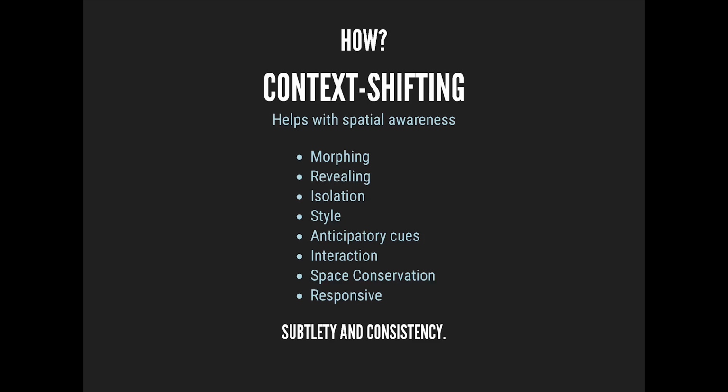I'm not talking about when you're illustrating a piece of text or when you have a crazy WebGL site, but I'm talking about those subtle UI, UX interactions. Subtlety is key and consistency is key. You can't have something flying off the side for one modal and then flying up for the next.